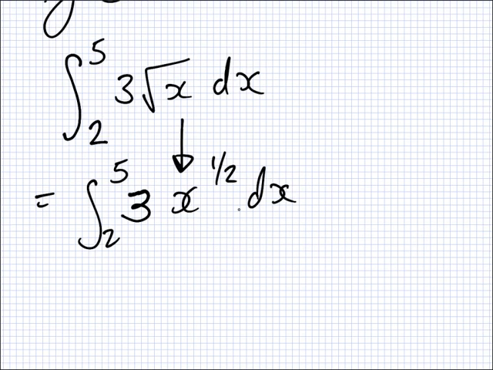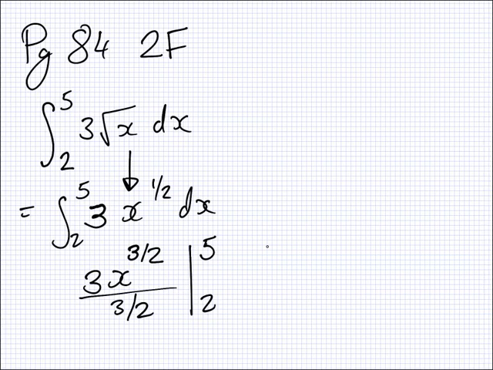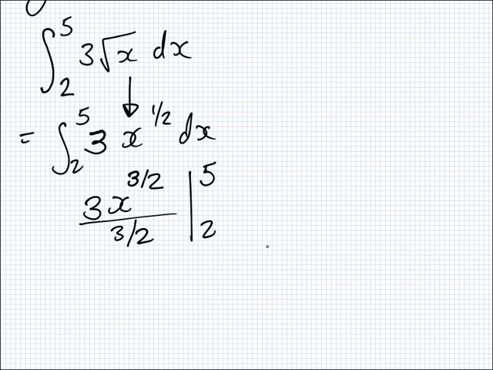Now we can integrate. So what's the rule for integrating? Increase the power by 1, so that will be 1.5, and then divide by 1.5, and put in the two limits afterwards.